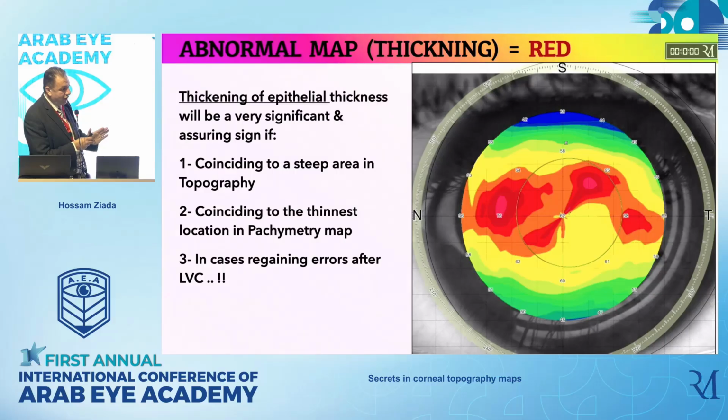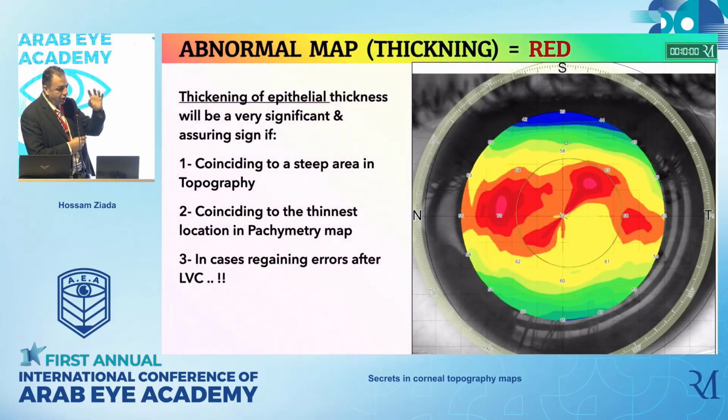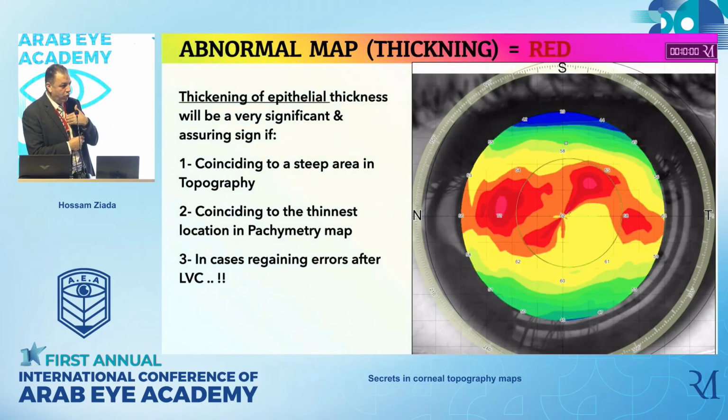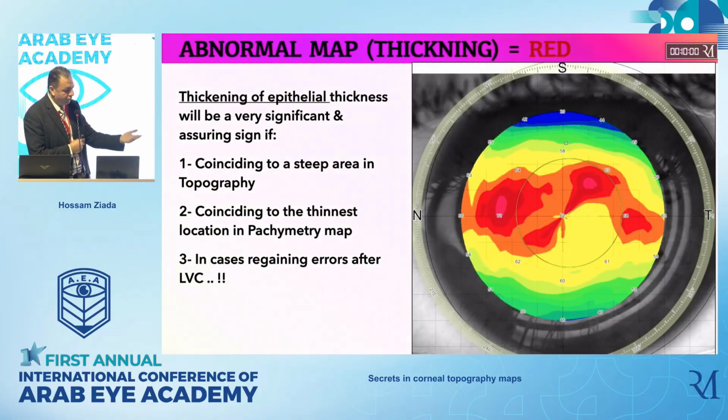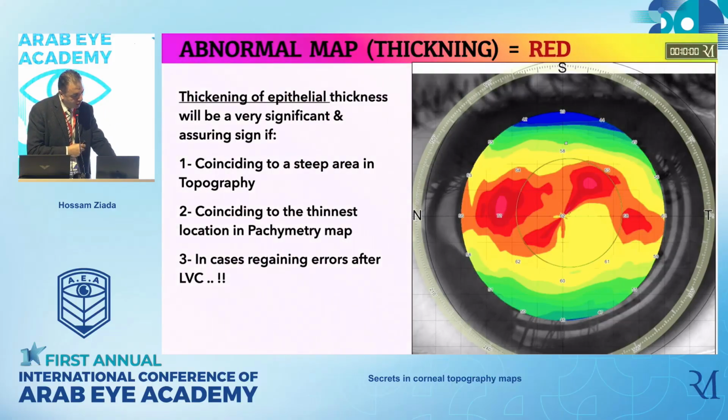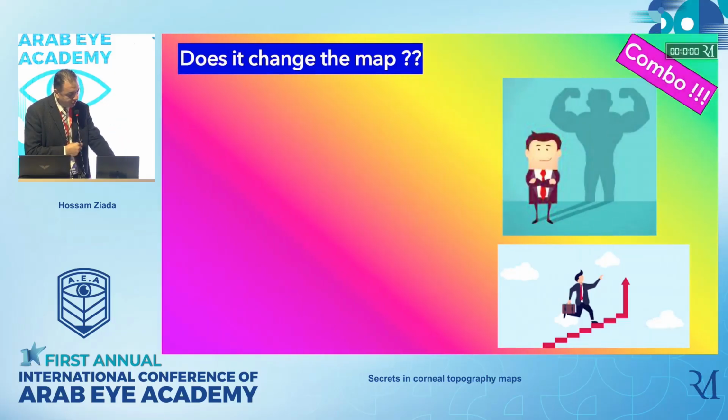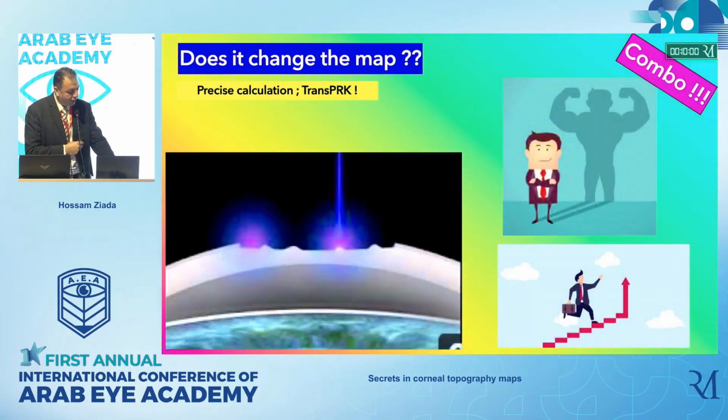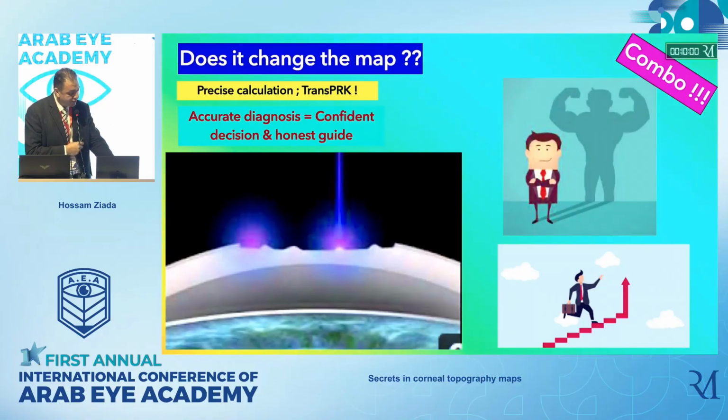So this patient with inferior steepening on the corneal topography does not have keratoconus, but actually has epithelial hyperplasia in this part. So this excluded keratoconus and makes you comfortable and assured about your patient, and you can go for the surgery. So please keep in mind that the epithelial map could change your mind.